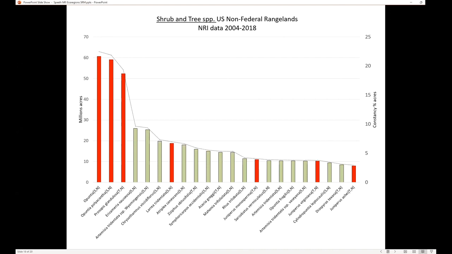The NRI is not an experiment, it's an assessment process. It provides data, but it doesn't show the causes of certain situations. We have to develop hypotheses based on looking at the resource needs, like noxious and invasive plants having a tremendous impact on our rangelands.